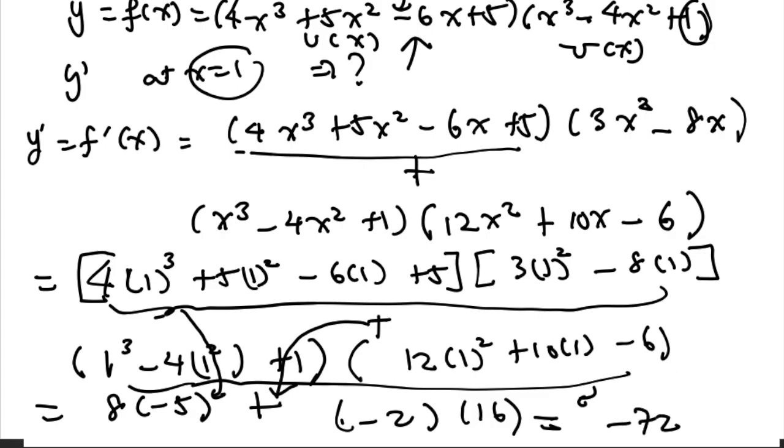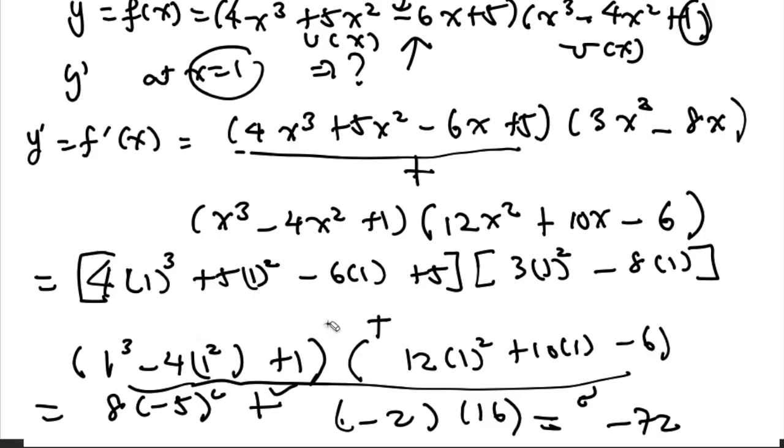Let me erase the mess. Okay, that's the answer. So when you have the slope of the tangent line at x equivalent to 1, the slope is actually minus 72, means downsloping with the value of 72. So if x increases by 1, y will decrease by 72. That's how we interpret it.